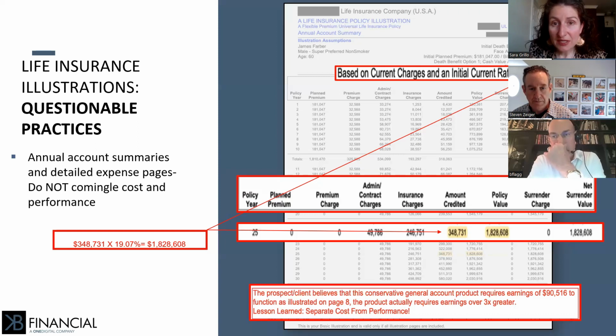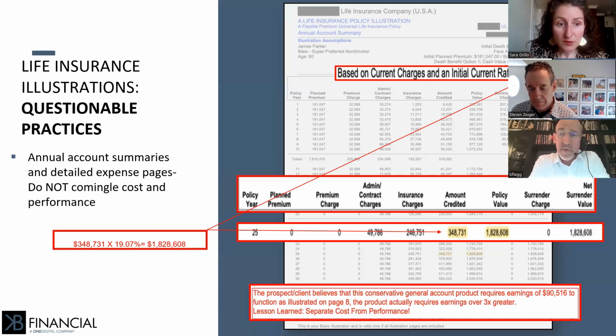If you did not have this illustration assumptions document, you would not understand the preposterousness of only 4.95% actually being credited, because you would not understand the expense shortfall that the policy would be bearing in the 25th year, nor the aggressiveness of the performance assumptions.